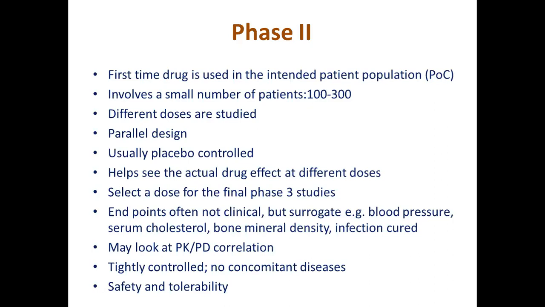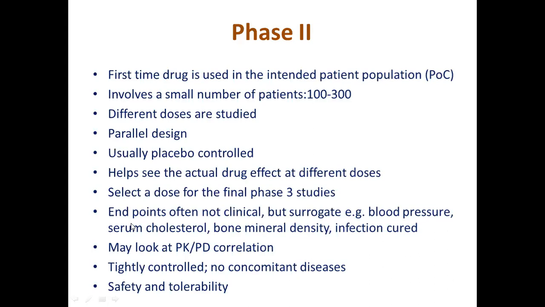Generally, it is done in a parallel design, and it is usual, or better always, to do a placebo controlled phase 2 clinical trial. And we also need to see the actual drug effect at different doses. So this is the phase from where we understand the dose for the final phase 3 studies.